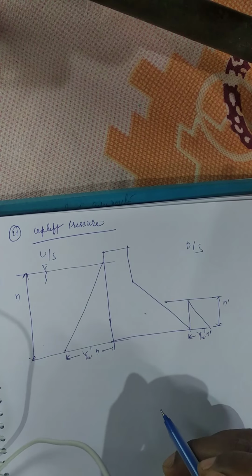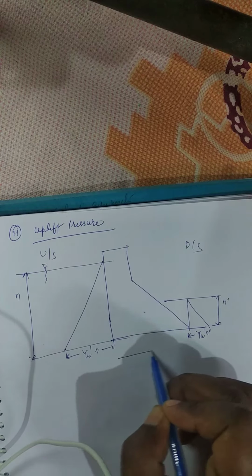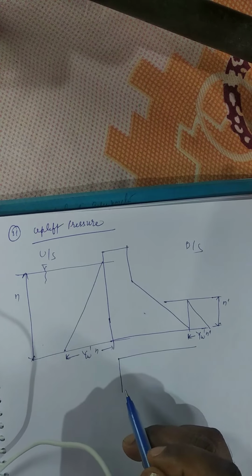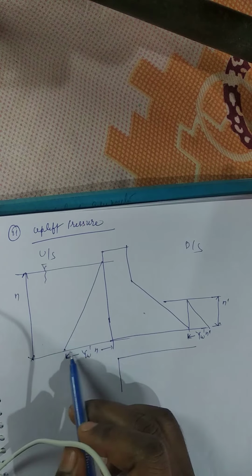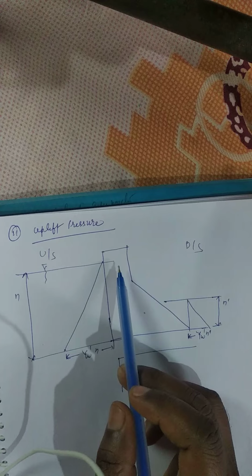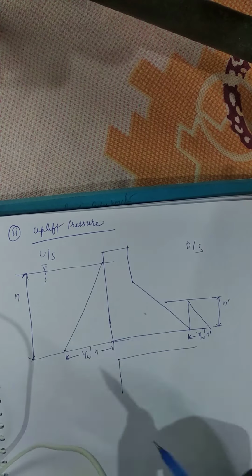As per the USBR recommendation, the uplift pressure intensity is equal to the pressure of the water impounded, or retained, at the back side of the dam.